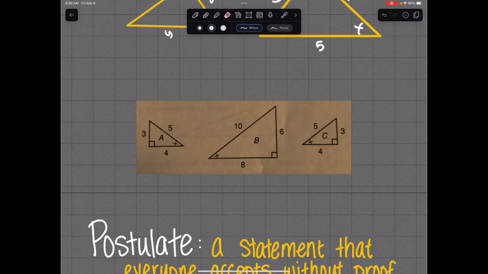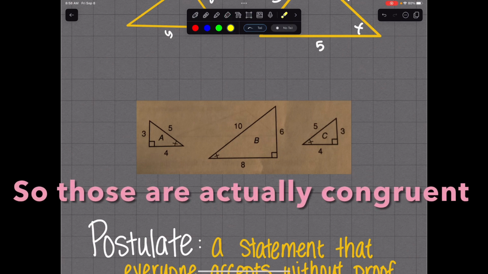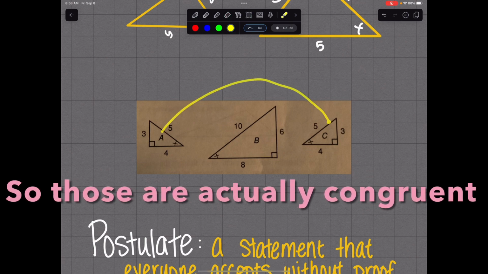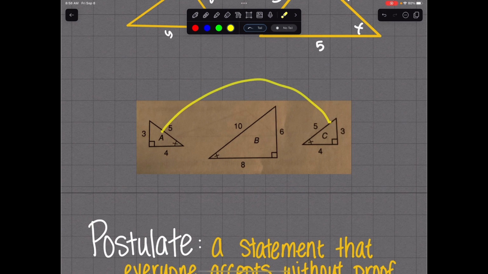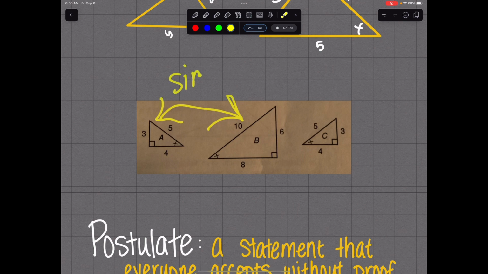Okay, and then the lengths of the sides in triangle C have exactly the same lengths as triangle A. So the scale factor between triangle C and A, or A to C, is 1. And so you can see that these are similar because you can shrink it or scale it and it'll be exactly the same.